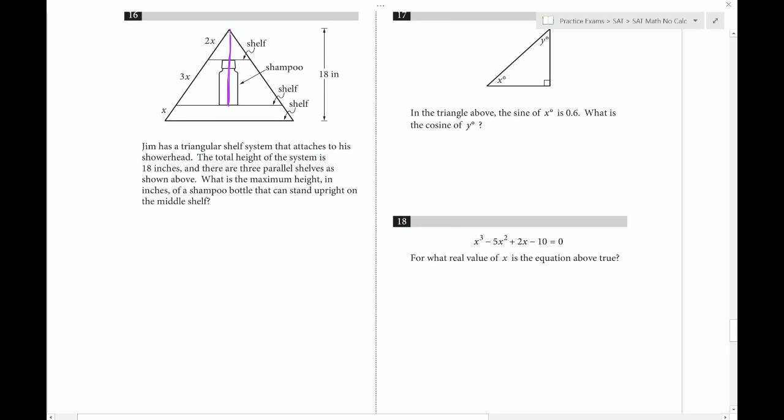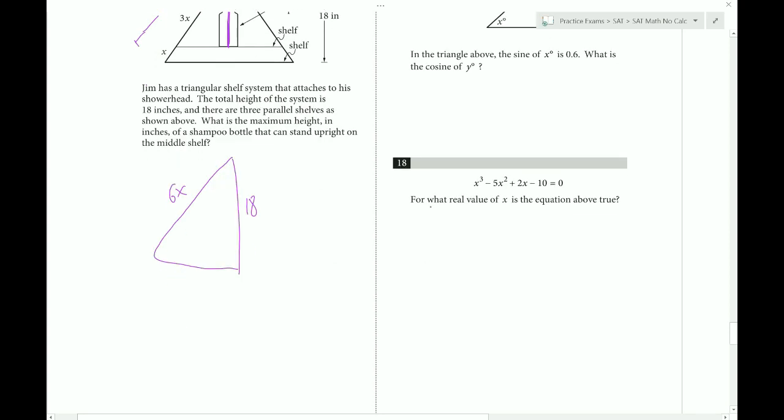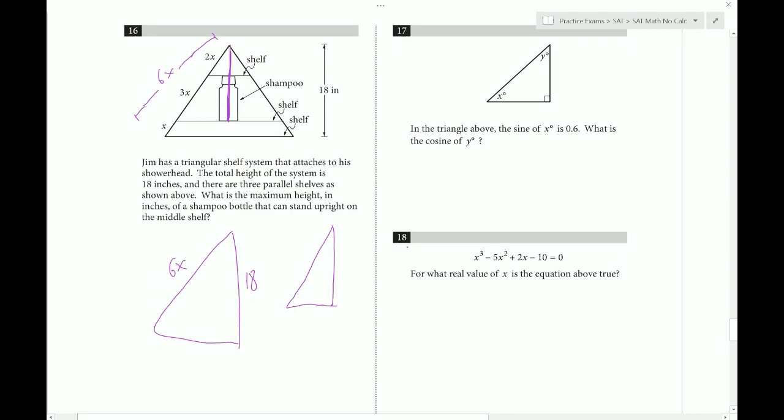So the full height of the entire thing is 18, and then the full length along here is, let's see, 6x. So we have a big triangle here with 6x and 18. And then our smaller triangle, which goes down most of the way, but not all the way, has 5x for this, and we're looking for this, question mark.